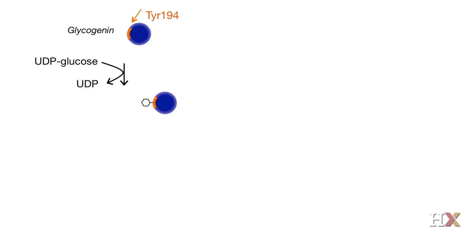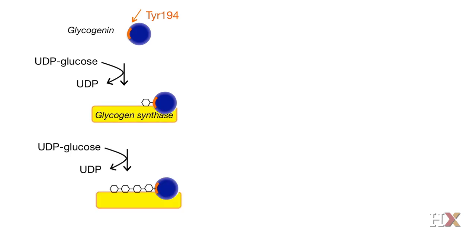Once the glucose unit is covalently attached to glycogenin, glycogen synthase will form a tight complex with glycogenin. However, the addition of the next 3 units will be catalyzed by glycogenin and not by the glycogen synthase.